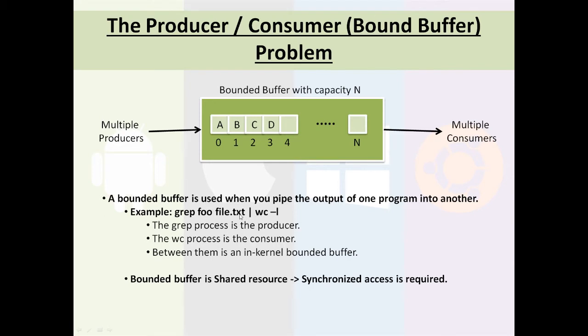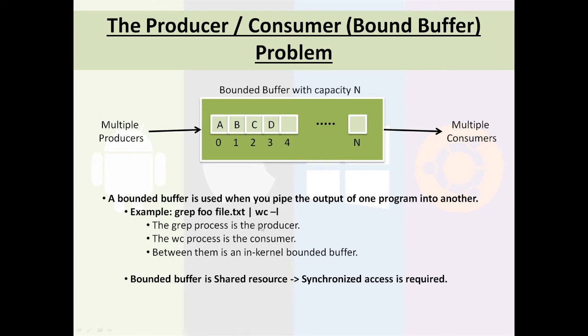We redirected the output of this program using a Unix pipe, and the other end of this pipe is connected to our wc process. All wc does is count the number of lines in an input stream. So the process wc is acting as the consumer.